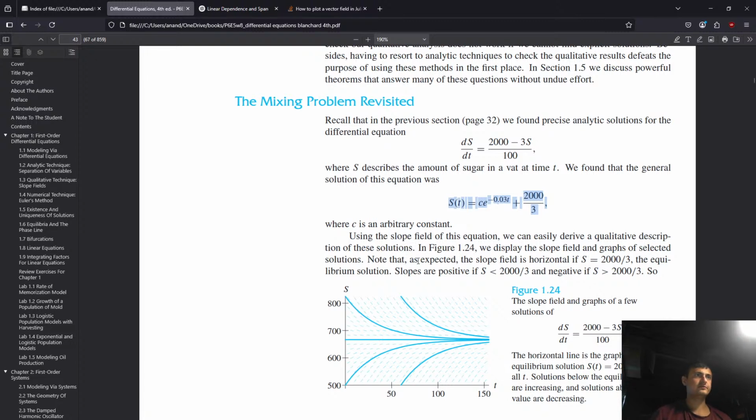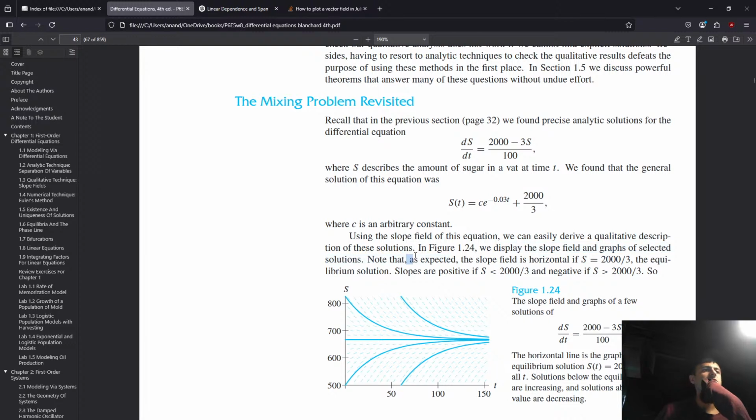Using slope fields for this equation, we can easily derive a qualitative description of these solutions. Okay, we display the slope field and graphs of selected solutions.